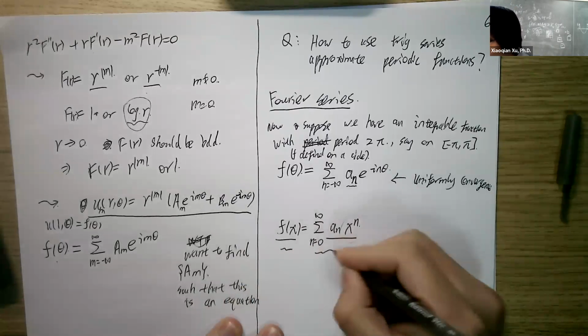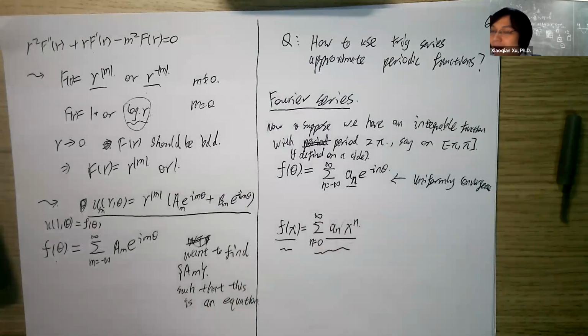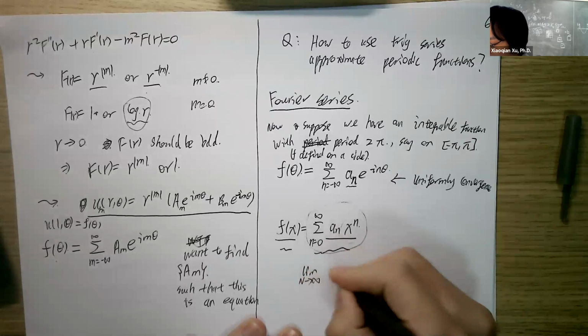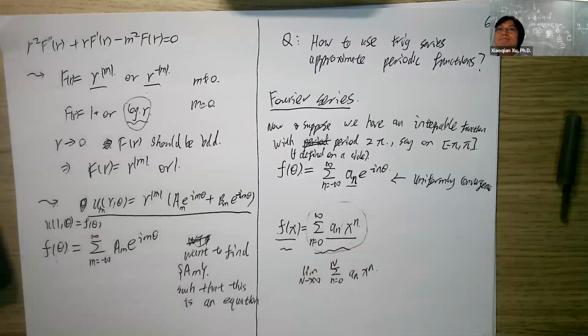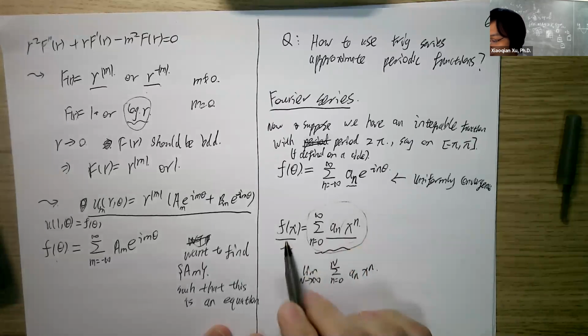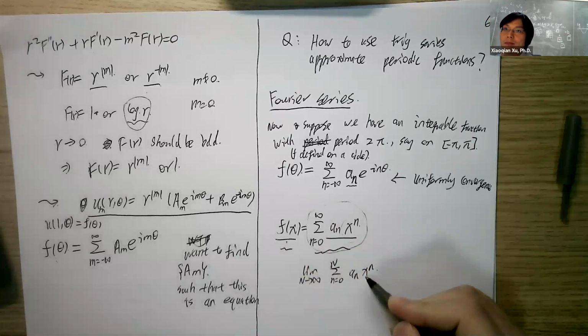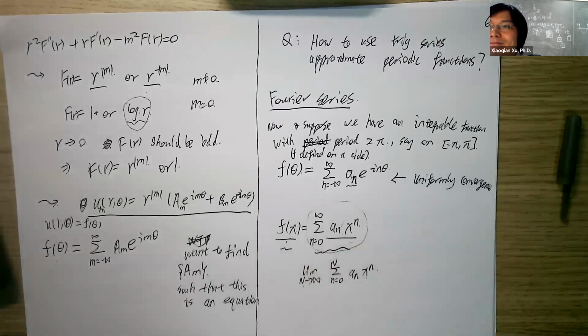However, you need to tell me the meaning of the right-hand side equaling the left-hand side, right? Because the right-hand side is nothing but a limit, as N goes to infinity, of the sum for n from 0 to capital N of an x to the power n. So if you say this equals f of x, then you probably mean that for any x you give me, this limit equals f evaluated at x.